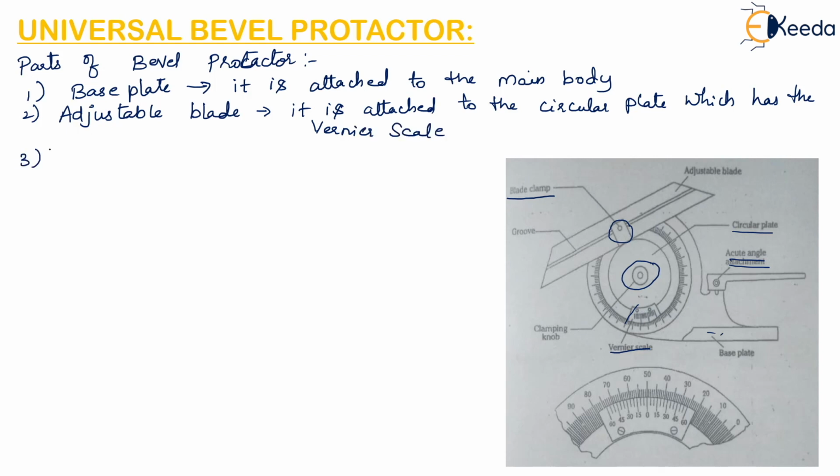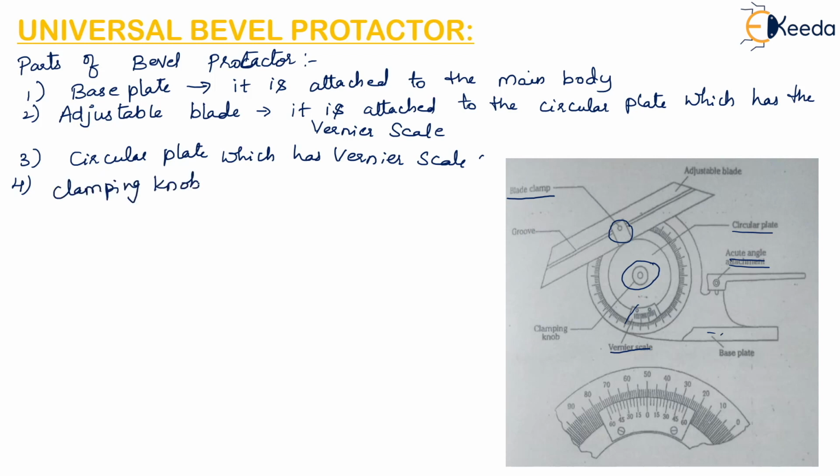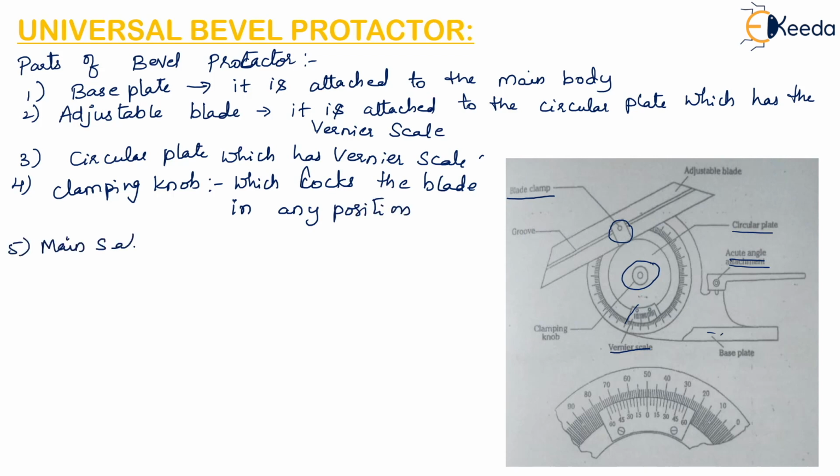So the third part is the circular plate which has the vernier scale on it. Then there is a clamping knob which locks the blade in any position. The main scale is engraved on the body of the instrument.